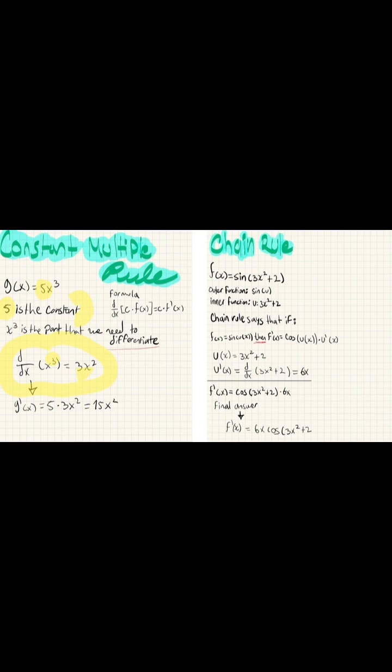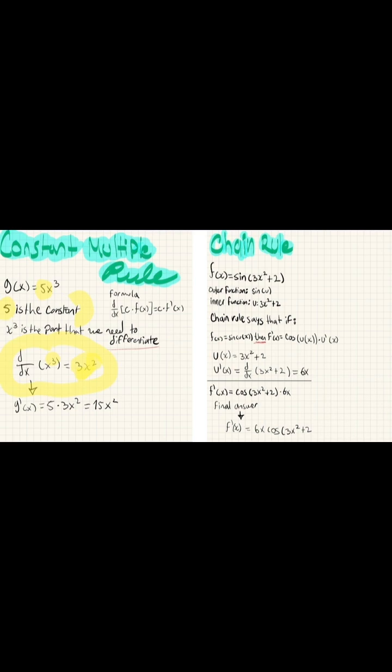Then we take the 3 we had in the power and subtract 1, which gets us the number 2. So x to the third power differentiated gives us 3x to the second power.